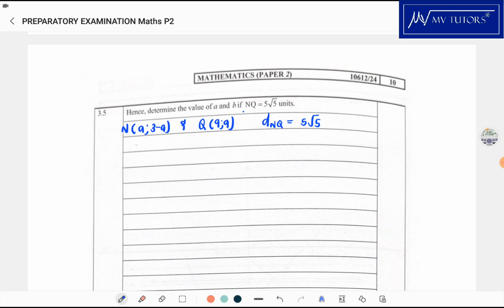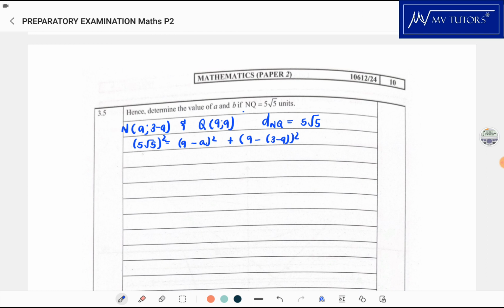The distance of NQ is 5 root 5. Then we have the x coordinate of Q, which is 9, minus the x coordinate of N, which is A, and that is squared, plus the y coordinate of Q, 9, minus the y coordinate of N, which is 3 minus A, and that is squared. I'm also going to square this side because we don't have enough space.